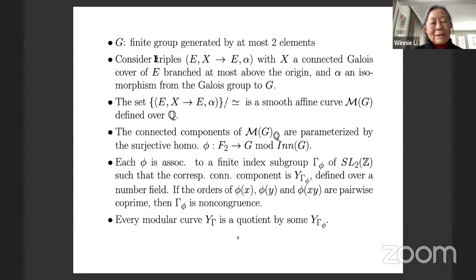Okay. So we consider the triples: the elliptic curve E, a connected Galois cover X of E, branched at most above the origin, together with an isomorphism alpha from the Galois group to the group G. So these are all the Galois covers with Galois group G, with the prescribed ramification condition, together with an isomorphism to the group G. Okay.